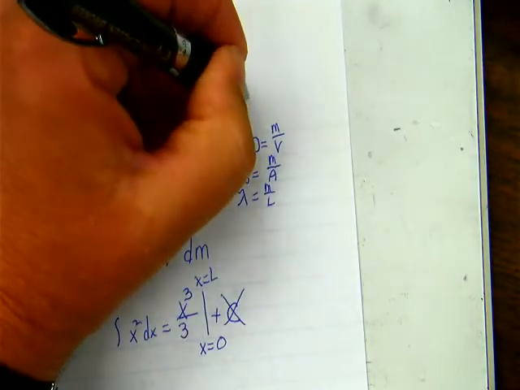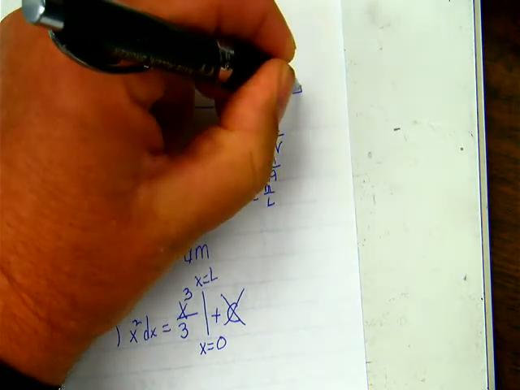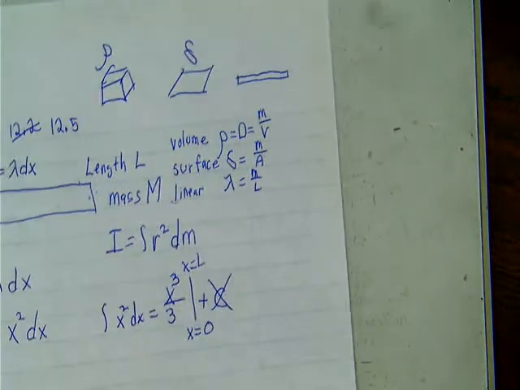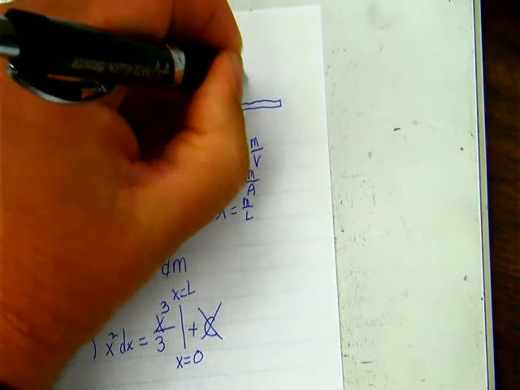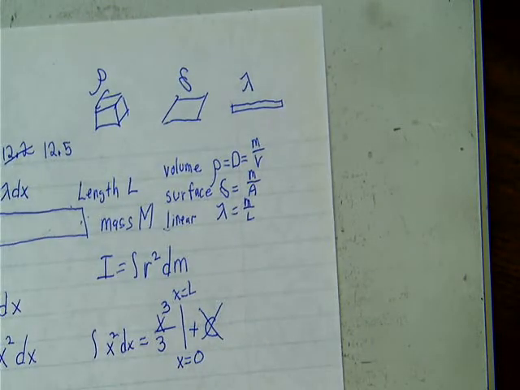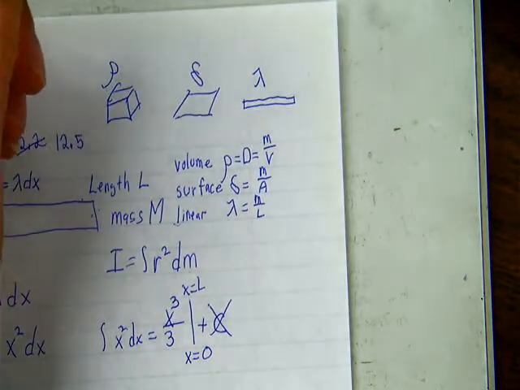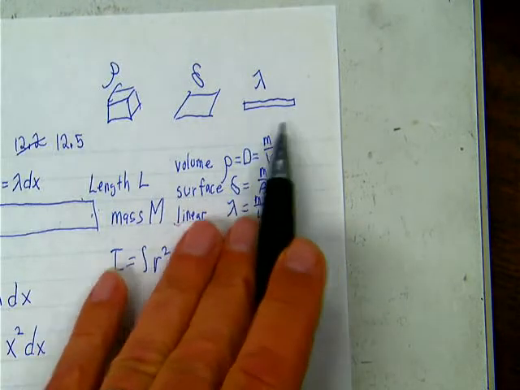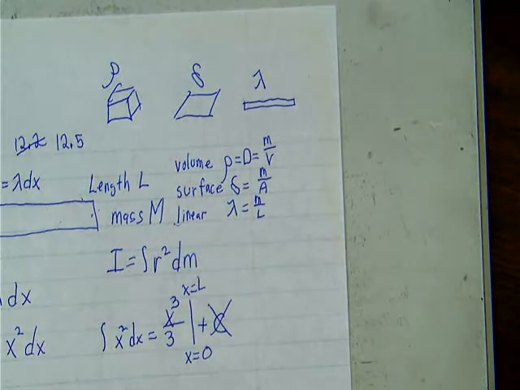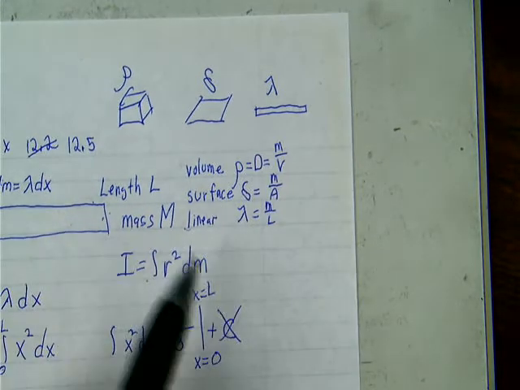When we have just a one-dimensional object, like a very long, thin rod, we use the Greek letter lambda to represent the linear mass density, and that would be the mass of the rod divided by the length of the rod. And so here's a little summary of that.